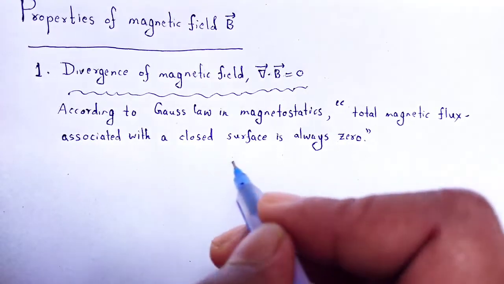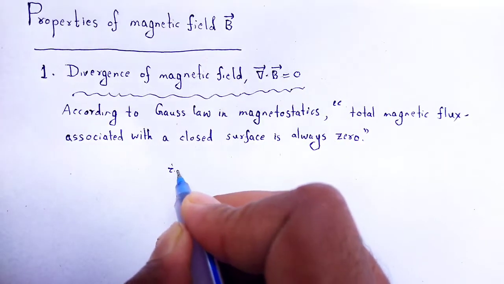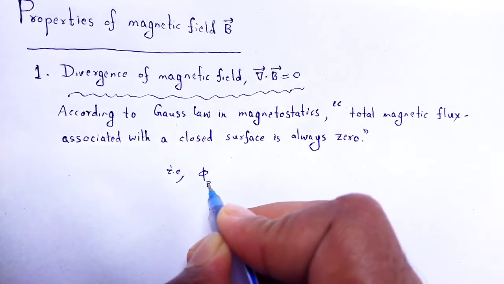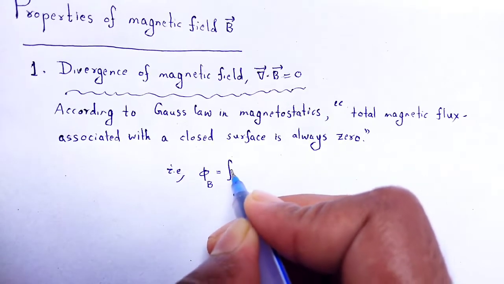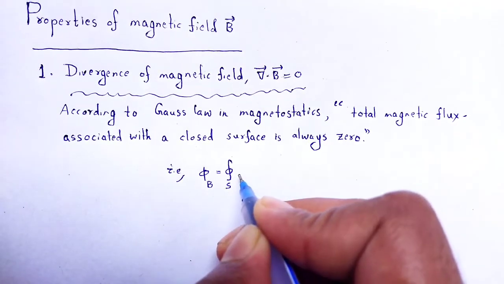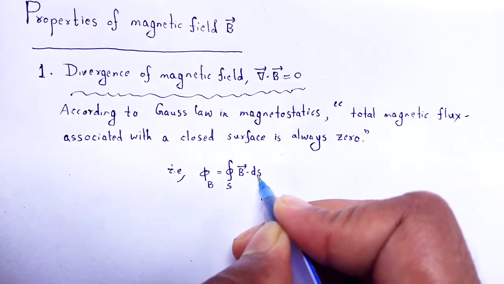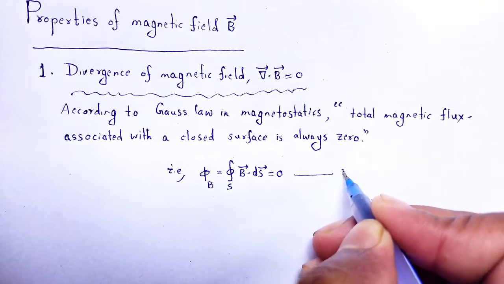Magnetic flux associated with a closed surface is always 0. Mathematically we write it, magnetic flux phi B is equal to closed surface integration B dot ds is equal to 0. That is equation number 1.